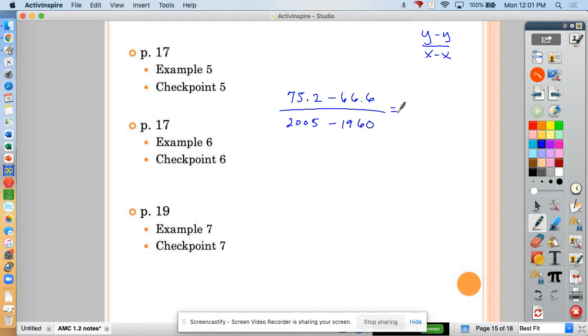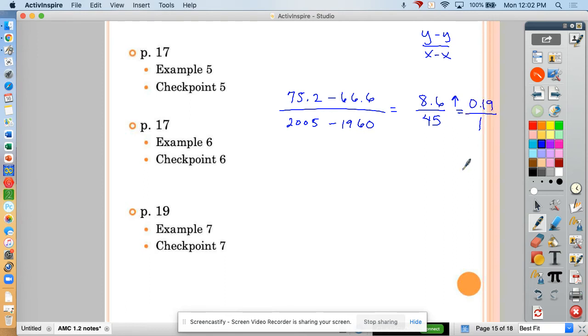And what we get here is going to be 8.6 over 45 years. So we need to know that this is 8.6 years increase over a 45-year span. And then we would divide that out and we would get 0.19.